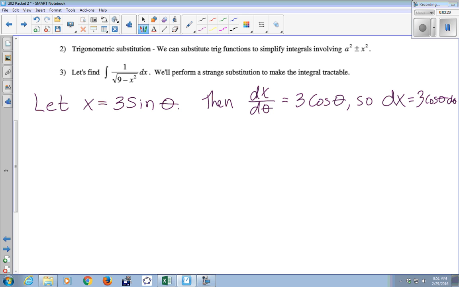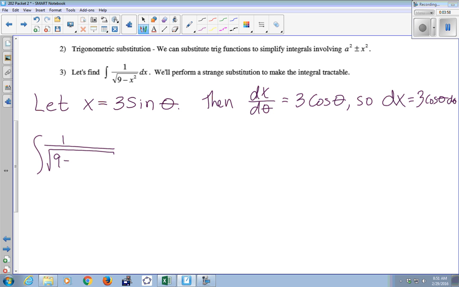All right, so now I've got all my substitutions ready to go. I'm just going to replace anywhere I see an x in my integral, replace it with a 3 sine theta. And when I see a dx, I have to replace it with 3 cosine theta d theta. So this becomes the integral of 1 over the square root of 9 minus, instead of x squared, I'm replacing x's with 3 sine thetas.